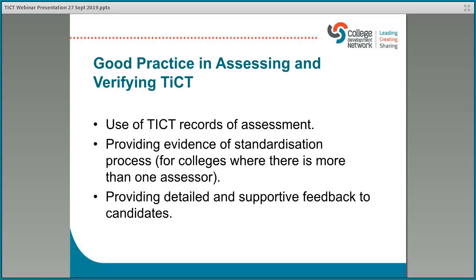Third thing that has come across very clearly again this year is that there has been a lot of very detailed and supportive feedback provided to support candidates who are moving into the sector and are completing this qualification. And this type of detailed feedback is really important because it helps these people develop professionally.